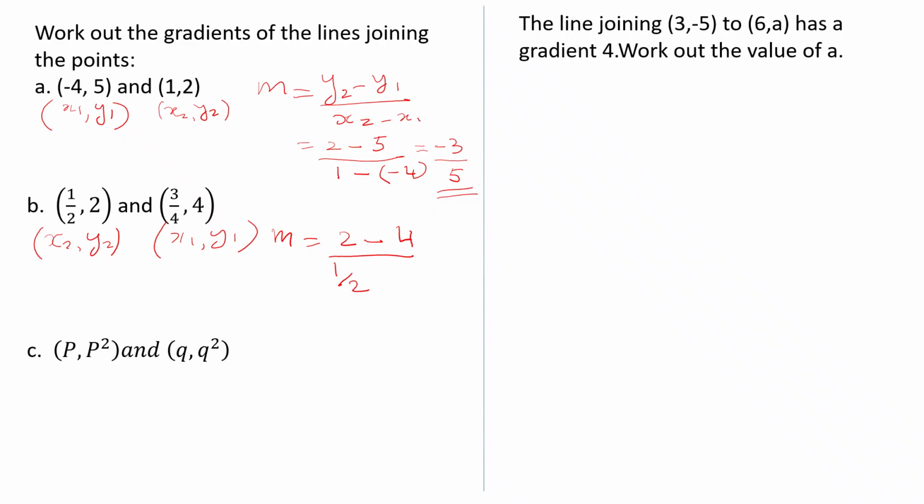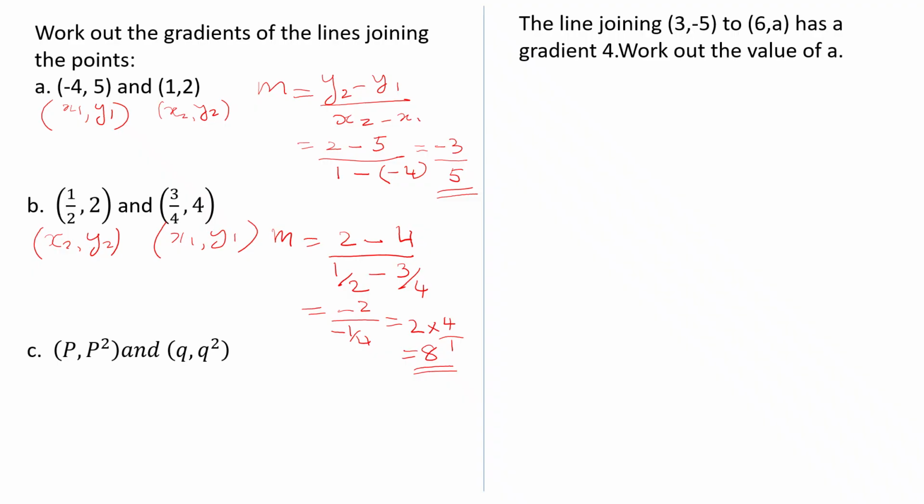That's a mistake some students made, so you need to be careful. So half minus x1 is 3/4. So here 2 minus 4, which is minus 2, divided by half minus 3/4, which is minus quarter. So minus minus cancel. 2 times 4 over 1, which is 8.